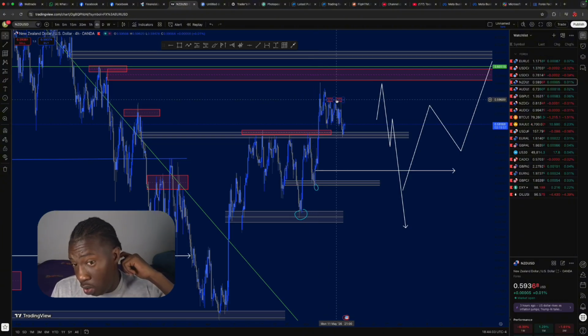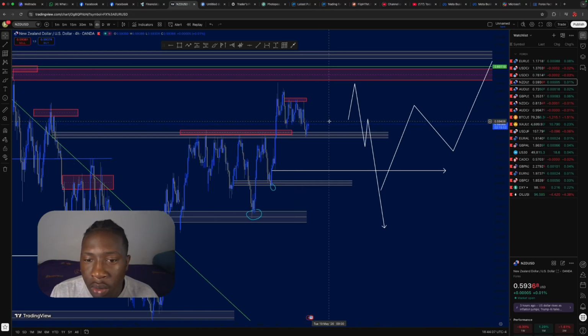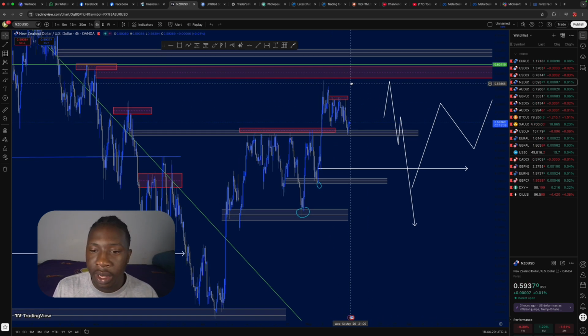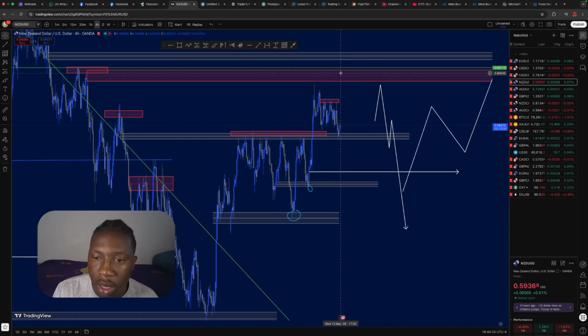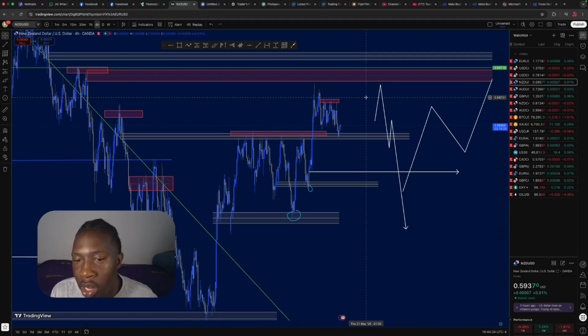So that's why you are seeing this consolidation. The buyers are still in control of the market, so it is not the right one. So we'll find another entry point when the market moved to the upside and came to the downside and moved also to the upper side, then we'll take the trade from that area.